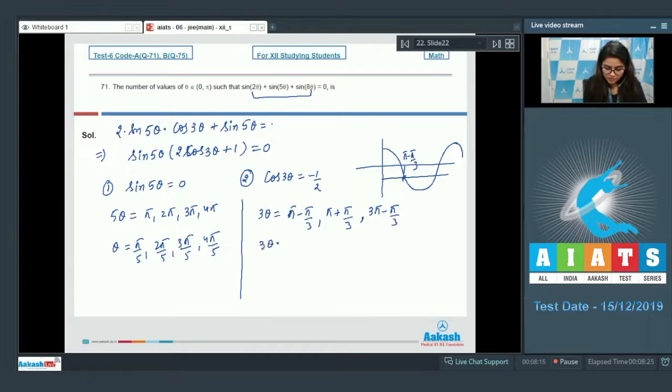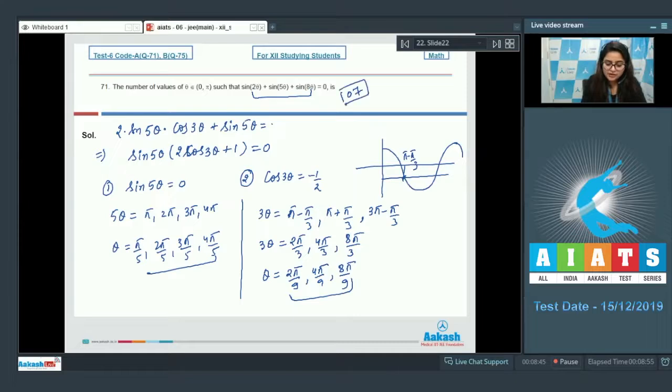So 3 theta is equal to 2 pi by 3, 4 pi by 3 and 8 pi by 3. So theta can be equal to 2 pi by 9, 4 pi by 9 and 8 pi by 9. So number of values of theta in 0 to pi, we have 4 values here and 3 values here. So total 7 values. So 7 is your correct answer.